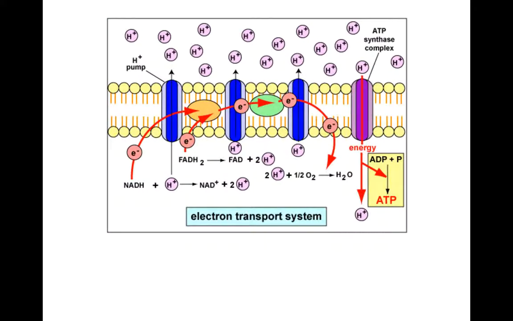So this is just showing you another picture of this happening. You can see that the electron is being passed from one to another, and ultimately the electron is picked up by oxygen and created into a water molecule.